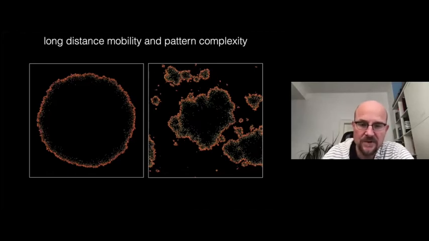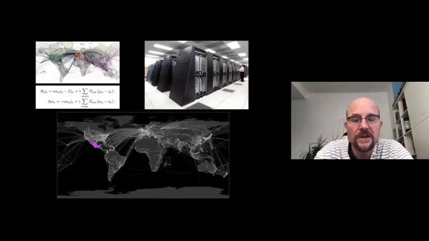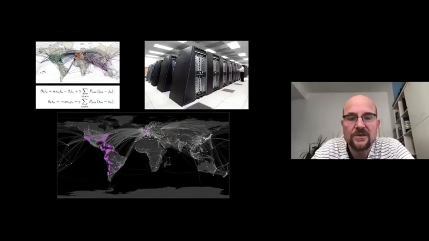What I illustrated in this cartoon-like model is also, of course, true in reality. When you look at the actual spread, I could have shown you the video that Hiroki did for the spread of COVID. It's just spatially a lot more incoherent, just like what you see in the computer simulation of H1N1 in this video.